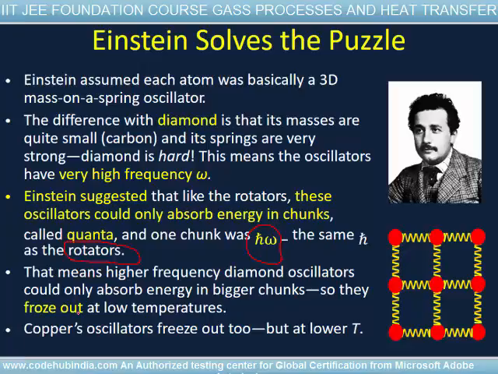Understand? So these are the parameters we have defined. That means the higher frequency diamond oscillators could only absorb energy in bigger chunks because the bond is very strong.